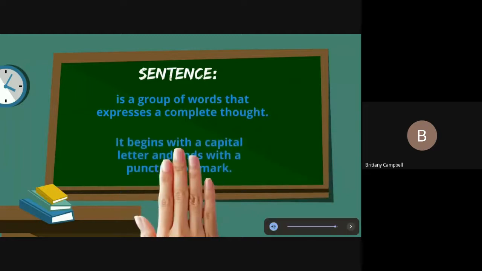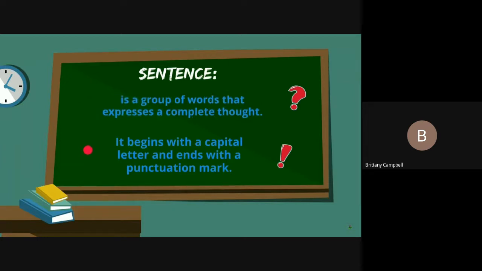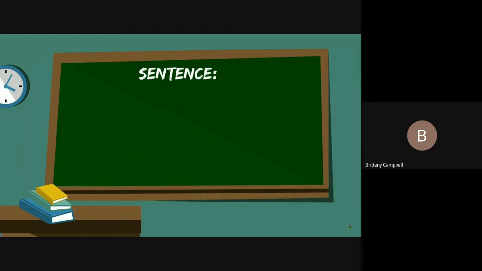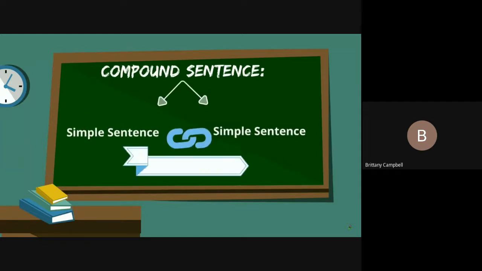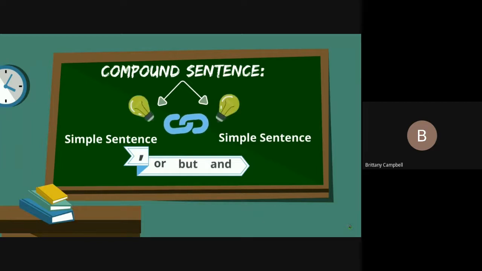It begins with a capital letter and ends with a punctuation mark. Oh, you've said that in all your videos. Well, I have to mention that because I was going to say that a compound sentence is basically made up of two sentences joined by a comma and a connecting word such as or, but, or and. They tie together similar ideas.